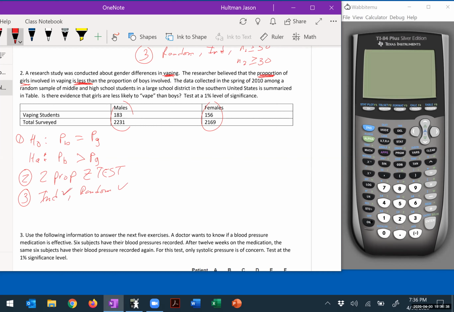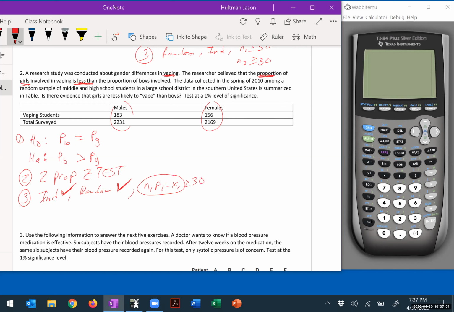Independent, that's a check mark, by the way. Okay, random, and is the sample size large enough? Well, is n1 times p1, which is x1, remember n times p is equal to x, is x1 greater than or equal to 30?